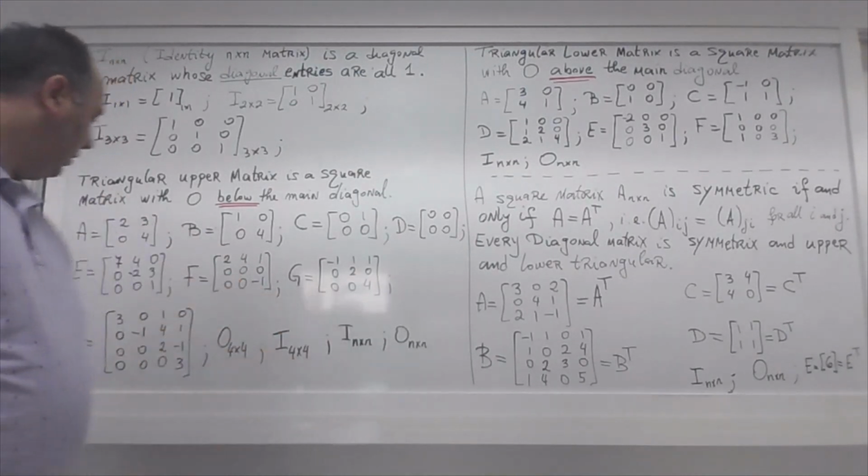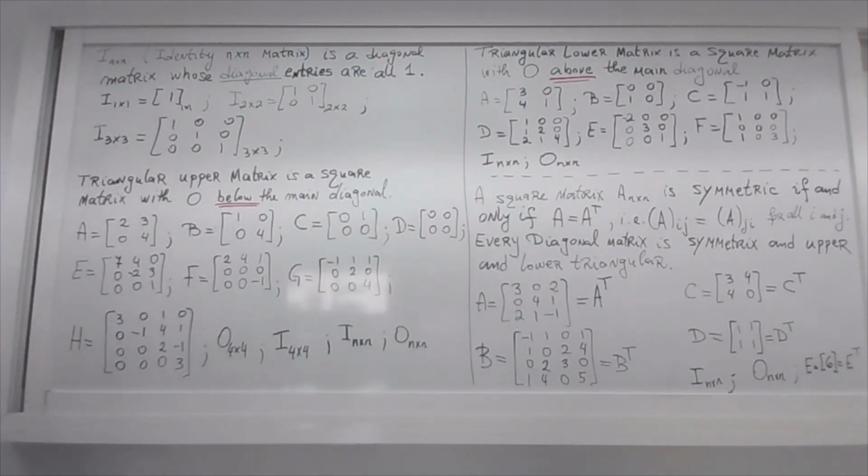Same thing here. For 4 by 4, again we spot the main diagonal, and then below we have zeros and only zeros, so this is upper triangular. We don't care what the values above the main diagonal are, and we don't care what the values on the diagonal are. The only thing that matters is that zeros are below, and then this is classified as upper triangular matrix.